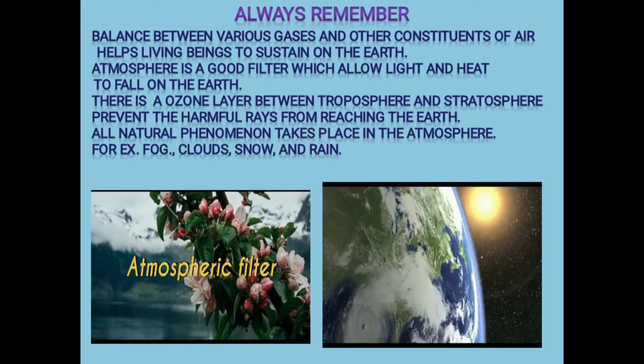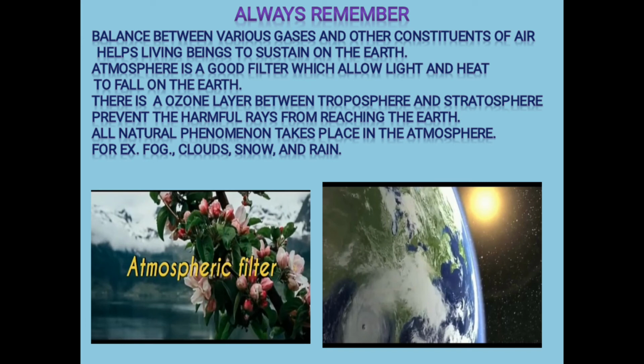Students, always remember that in the atmosphere there is always a balance between various gases and other constituents of air, which helps living beings to sustain on the earth. Atmosphere is a good filter which allows only useful light and heat to fall on the earth.